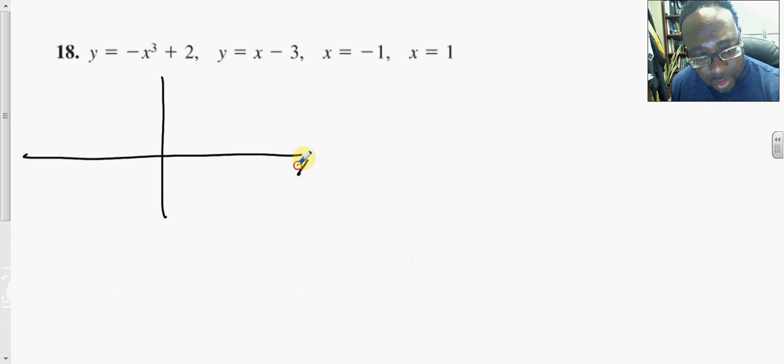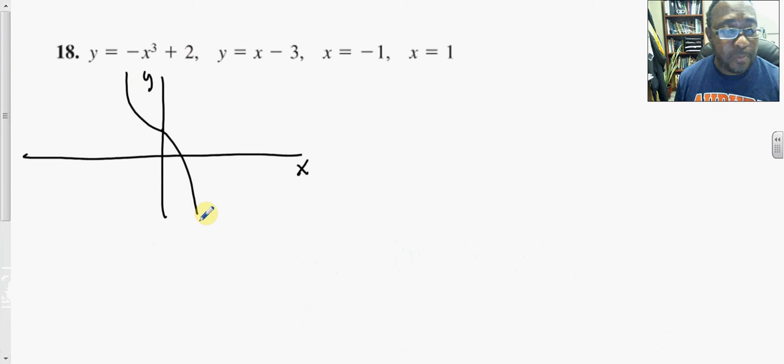So if we would consider the graph for this, the cubic we're familiar with, x cubed, and then the plus 2. So I'm going to shift up 2. If it was positive x cubed plus 2, we would do a graph looking like that. But since it's negative, just reflection there with respect to the y-axis.